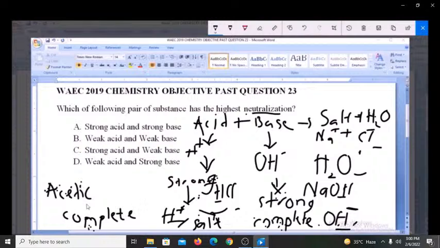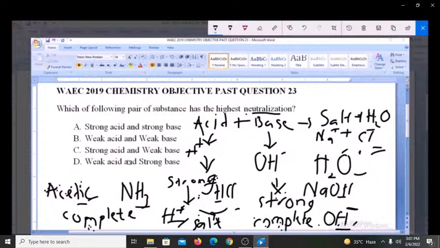Now when acetic acid reacts with a weak base such as ammonia, there is partial dissociation of hydrogen ions from acetic acid and partial dissociation of hydroxyl ions from the ammonia, and for that reason salt and water isn't readily formed because of the partial dissociation.